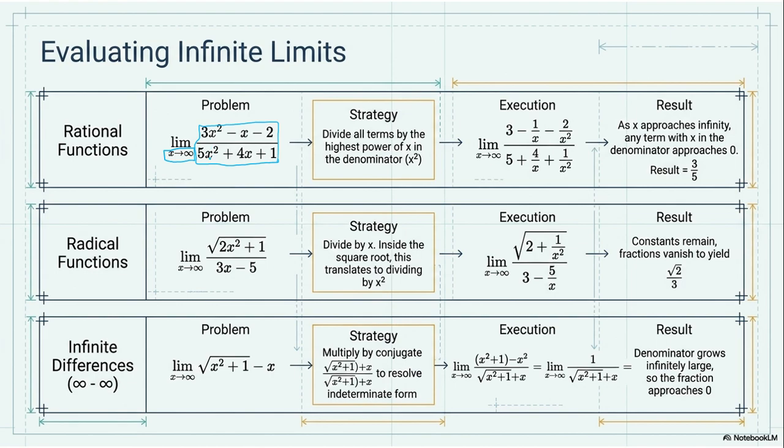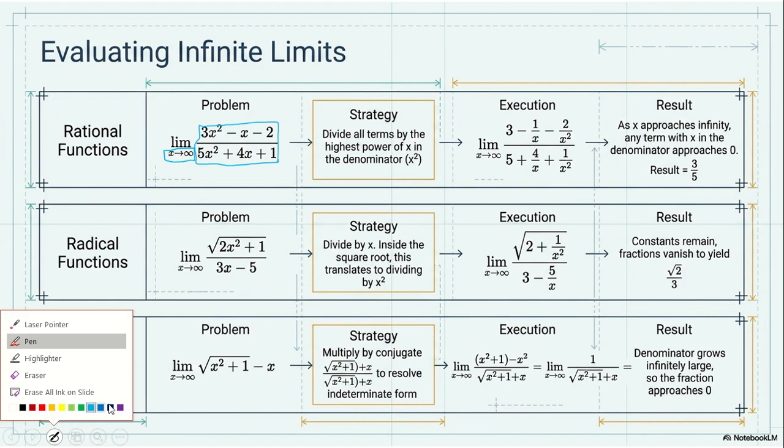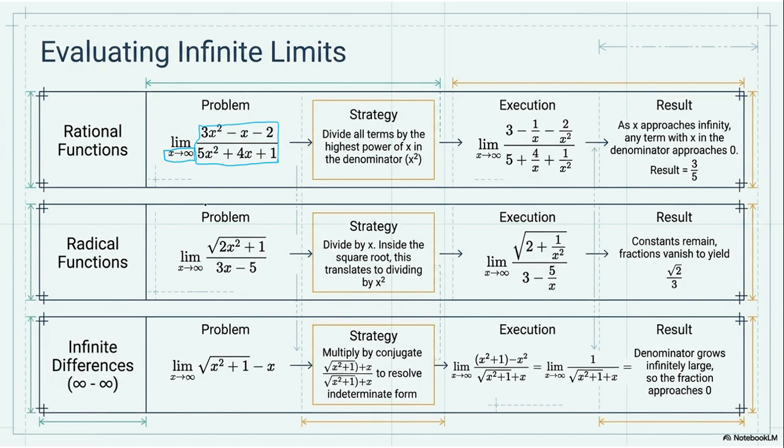First one, we have here the maximum power of the variable, that is maximum power of x is 2, right? And here also the maximum power of x is 2.